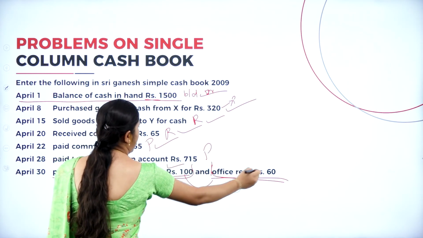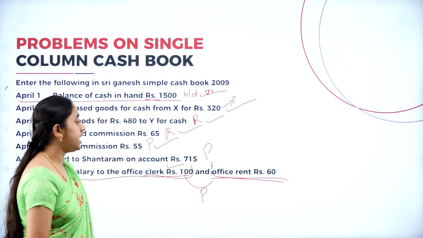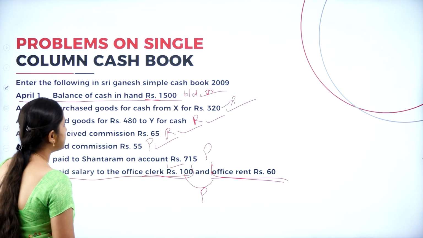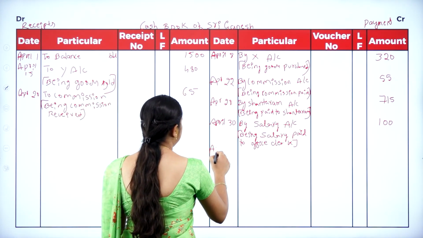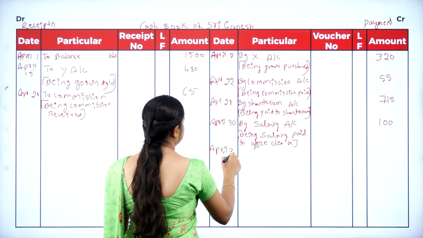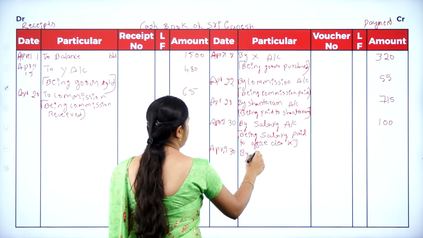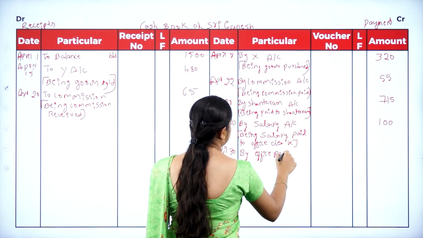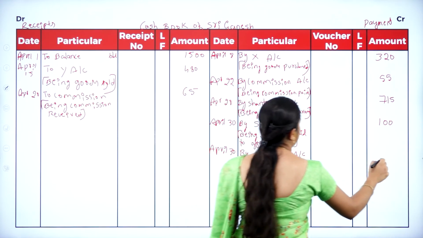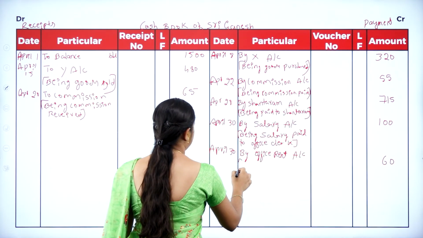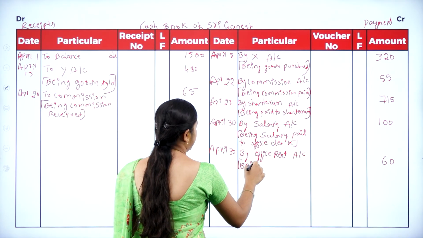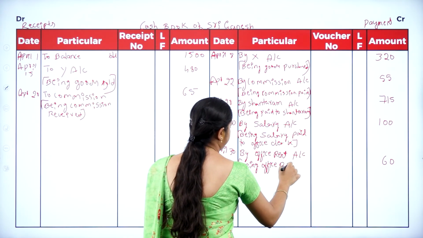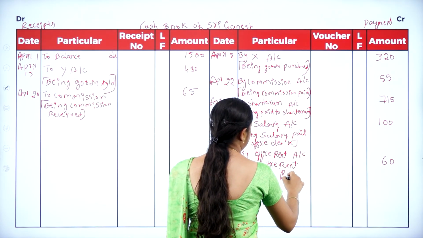Next, paid for office rent. So payment, write in the credit side by office rent account, rupees 60. April 30, by office rent account, rupees 60, being office rent paid.